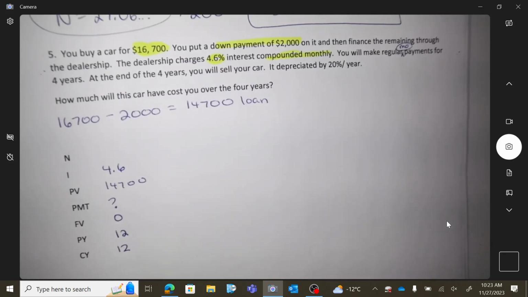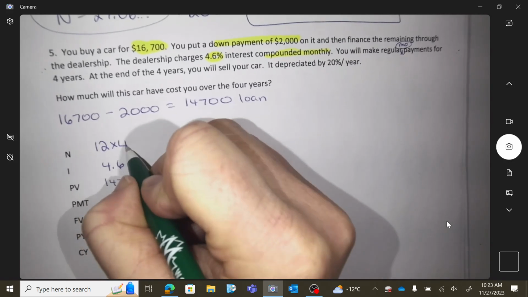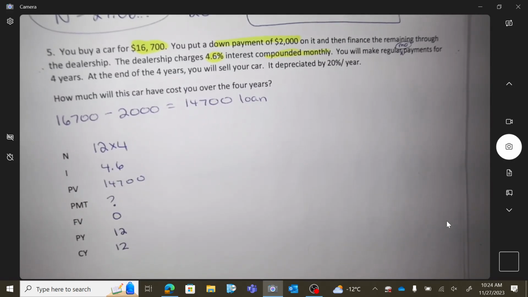What do we put for N here? We're making regular monthly payments for 4 years. So what do you make sure you put at the top? Monthly payments for 4 years, right? Don't forget that times are in there. It's not just 4. You got to do all the payments for 4 years.